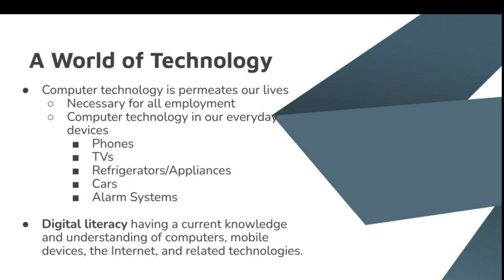I mean, it's in our phones, our TVs, they're in our appliances, our cars. We're going to have self-driving cars soon on the consumer market. They're in our alarm systems. Basically, they're everywhere. And digital literacy, the definition is simply having a current knowledge and understanding of computers, mobile devices, the internet, and related technologies.